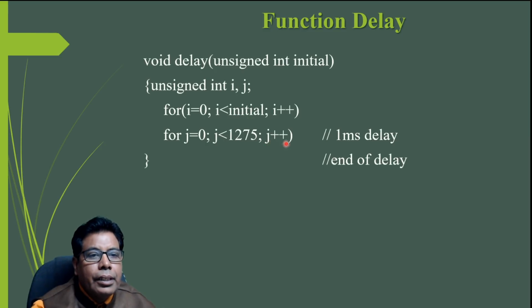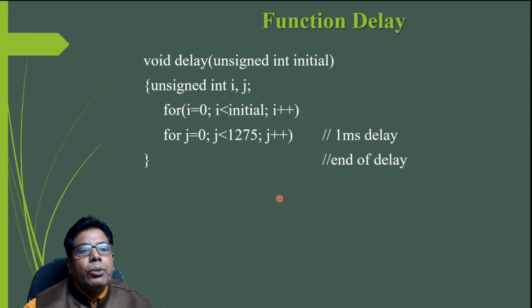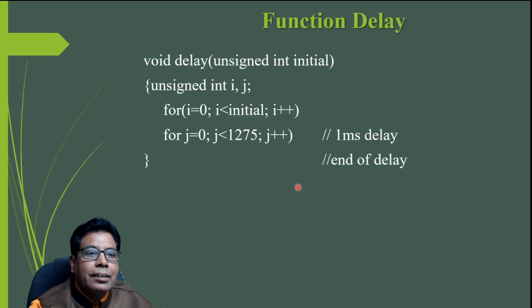So the delay of 1 millisecond is multiplied by 250, and we get a delay of 250 milliseconds. In this way, there is no need to write two separate delay subroutines as we have written in the assembly language. Here we can just pass the parameters in the C function, and as per the parameter we can get the delay. So that is the advantage of using the higher level language or HLL.